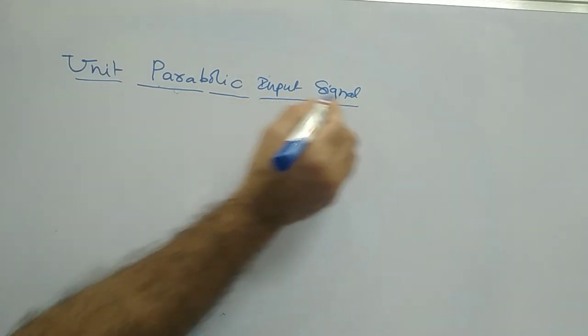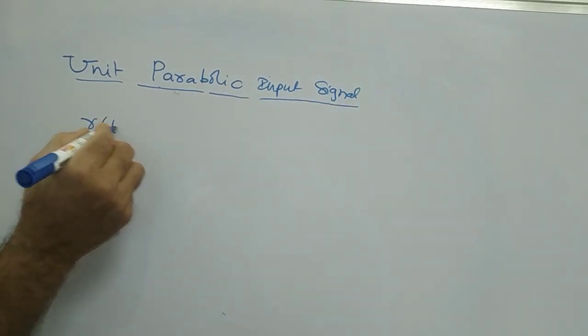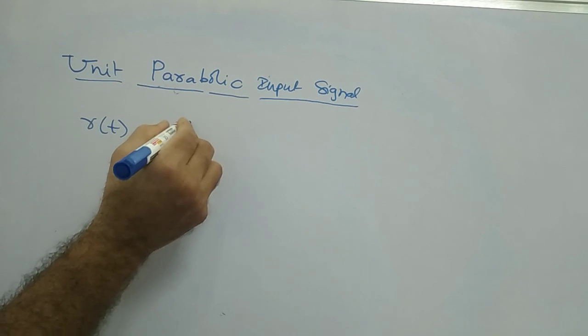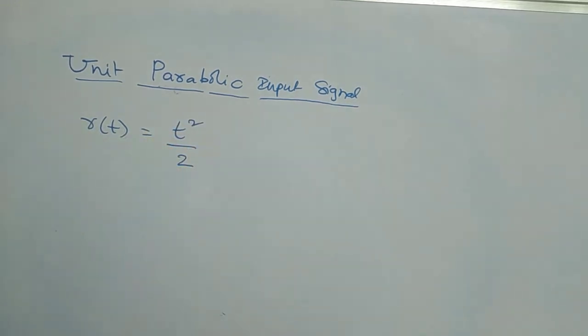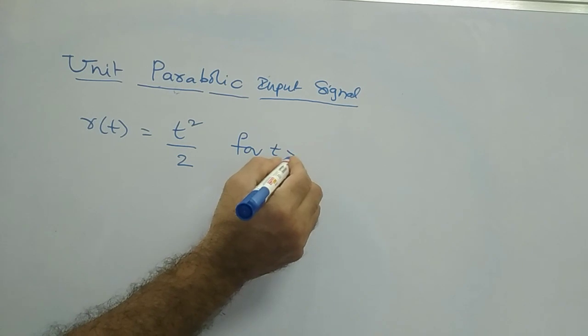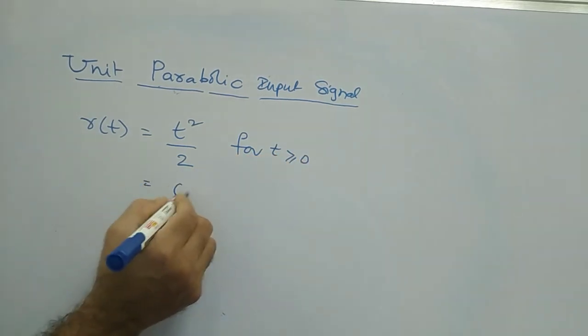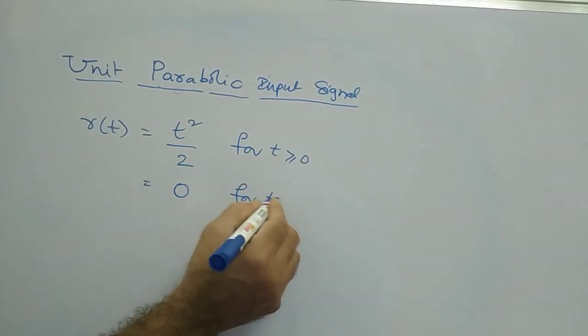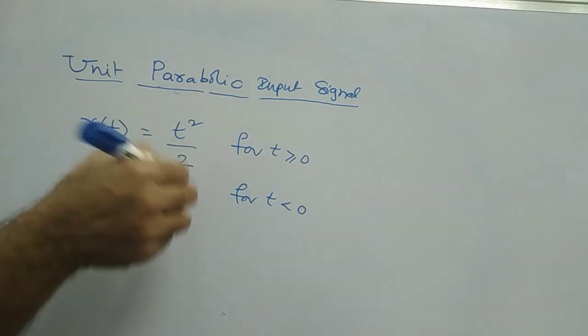Unit parabolic input signal is nothing but R of t is equal to t square by 2. That is the definition actually. R of t is equal to t square by 2 for t greater than or equal to 0, and this is equal to 0 for t less than 0. This is the definition.